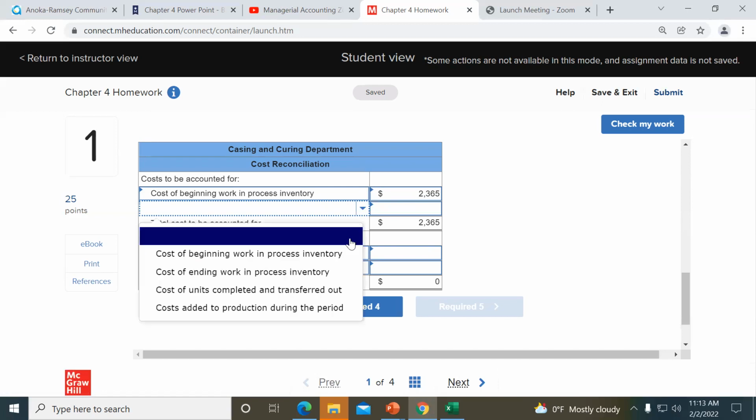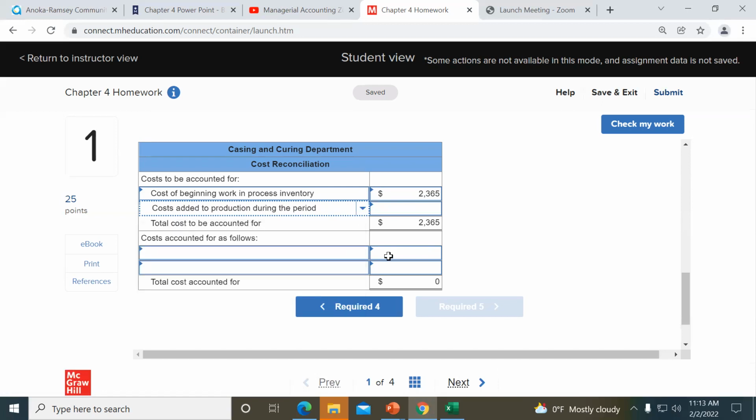Cost added to production is what? Cost added to production, 129,956.